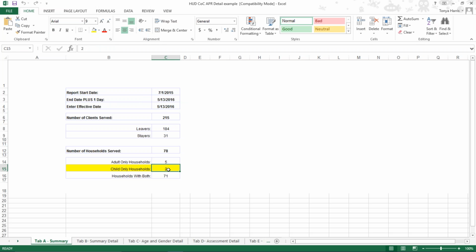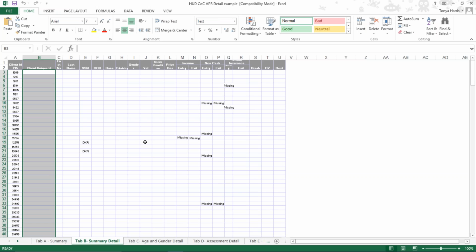However, they served 2 2-year-olds by themselves. So it's highlighted. Usually, when I send these reports to you, it comes to you highlighted because that's a problem. We have only had, I believe, in the last 3 years, one agency that has served 2 different 17-year-olds by themselves, okay? So we do not serve unaccompanied youth. It's very, very rare, okay?